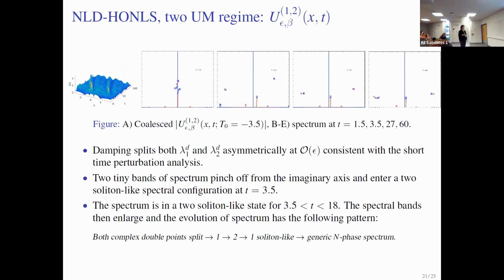And so finally, the last example is where we look at the two mode SPB, U12. This is the evolution of U12, and you see that damping splits both lambda 1 and lambda 2 asymmetrically at order epsilon. These two X's here came from the splitting of the first double point, and then we have the splitting of the second double point.